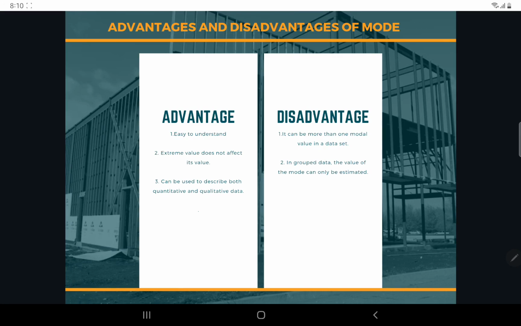And in grouped data, the value of the mode can only be estimated, because from the previous example, the value of the mode from the formula and the value obtained from our histogram is a little bit different. So the values are only estimated values.